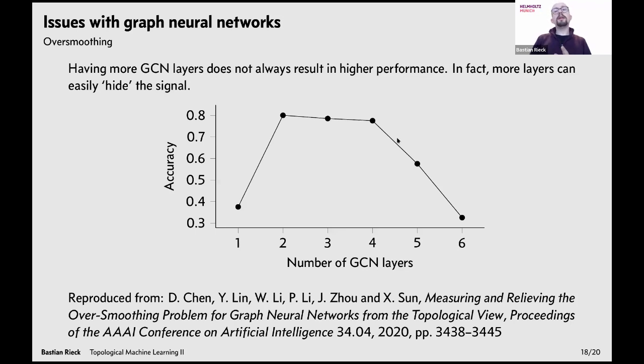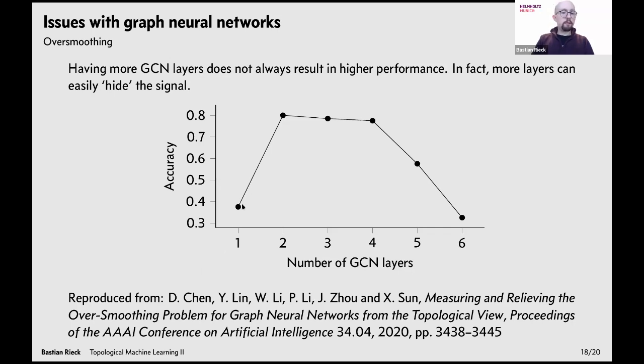One thing that you will find is the so-called issue of oversmoothing, which is essentially saying that if you have too many GCN layers, too many rounds of message passing, you don't always get higher performance, but sometimes you indeed wash out the signal because there's so much passing going on that essentially everything becomes an average signal. And you can see this in a very nice figure which I reproduced from Chen and colleagues on measuring and relieving the oversmoothing problem for graph neural networks from the topological view in the AAAI conference.